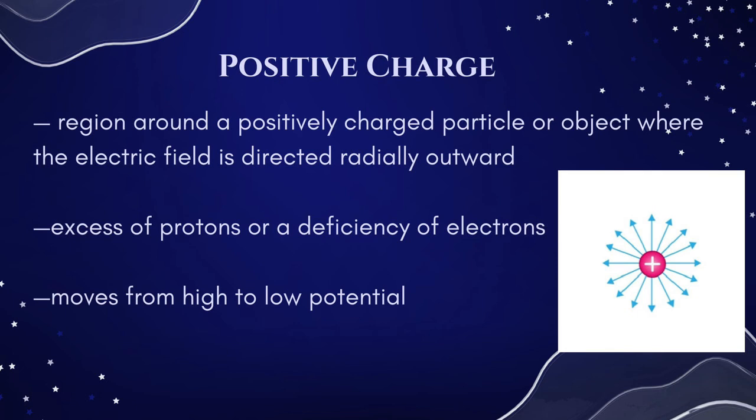So it has an excess of protons and a deficiency of electrons. So it moves from high to low potential. A positive test charge will experience a force in the direction of the electric field. So as the charge moves along this direction, it is moving toward a region of lower potential, and this results in a decrease in the potential energy of the charge.